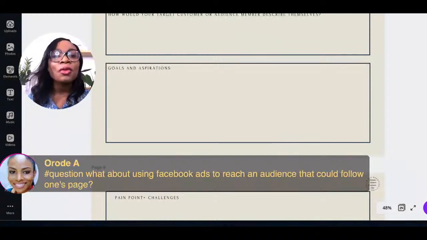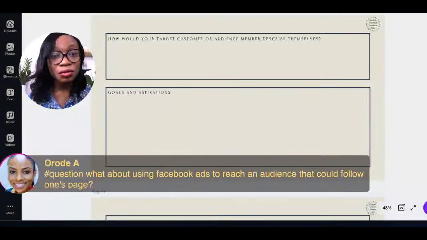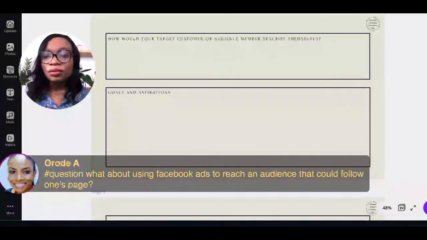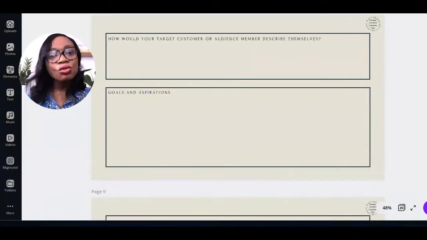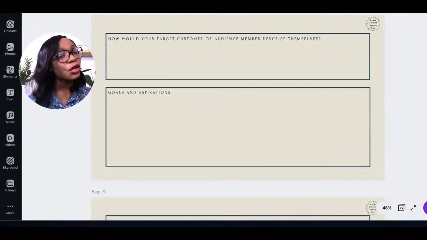Okay, so if we've answered this other question, how would they describe themselves? Folakemi has already described herself for us. Goals and aspirations, what do they want to do? My wonderful Folakemi wants to do Vision Board Africa. She wants to be known as a vision clarity expert, not just vision boards. She wants people to understand that having visions is more than the board, but implementing it.